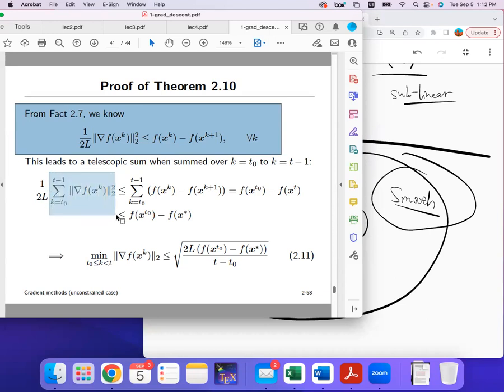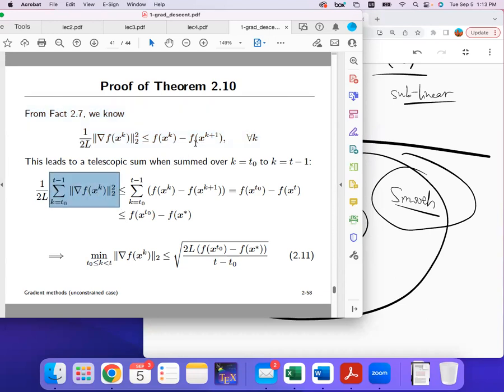On the left-hand side, it becomes a summation. On the right-hand side, it is a sum of differences, which will cancel out the intermediate terms. So you only have the starting point and the end point. You sum over t from 0 to t minus 1, but you only have the two end points. And then the left-hand side can be lower bounded by the minimum.